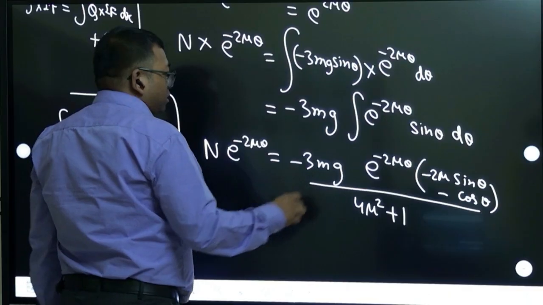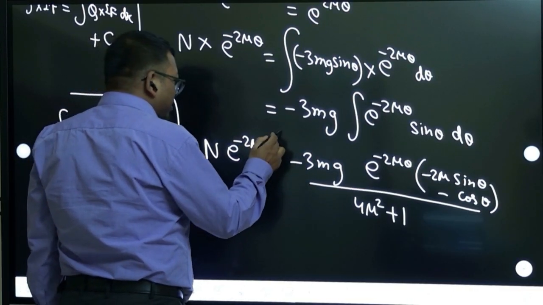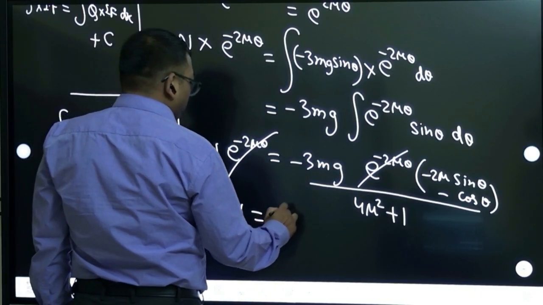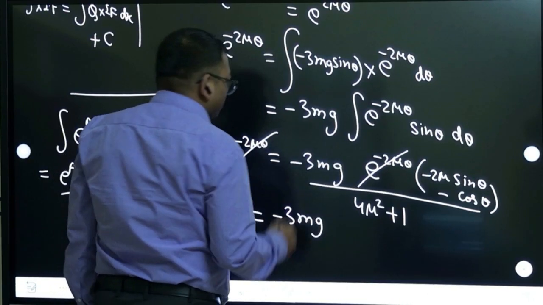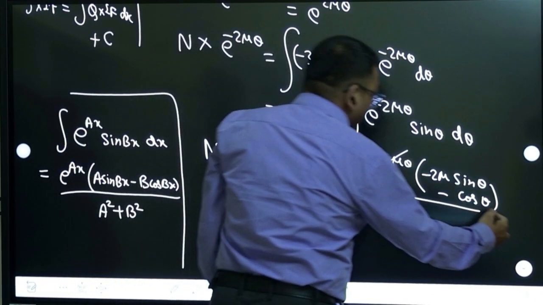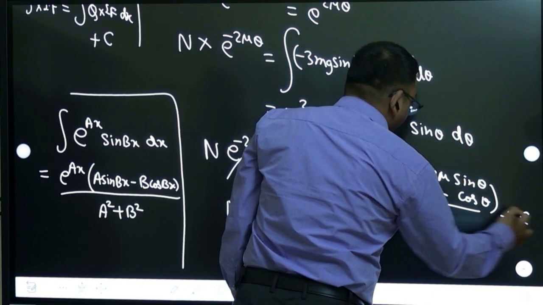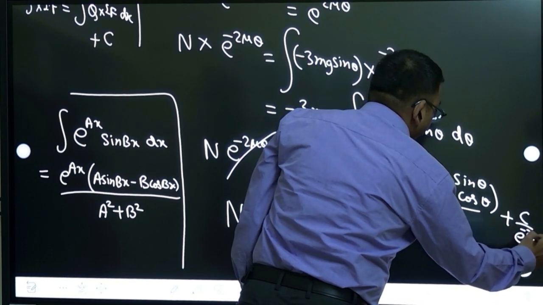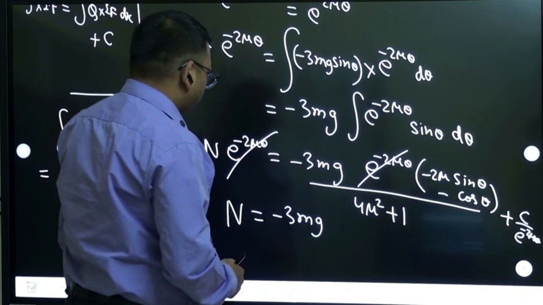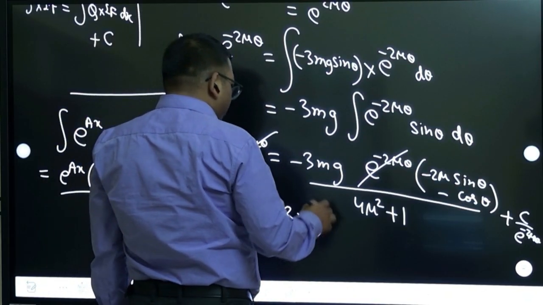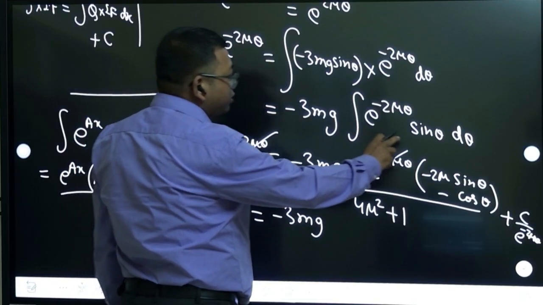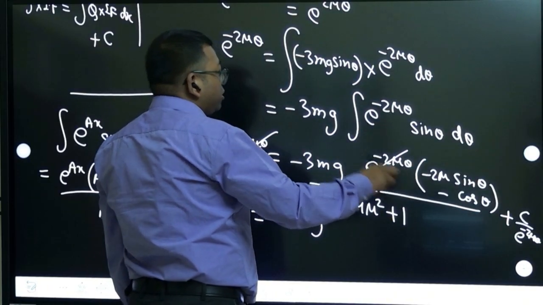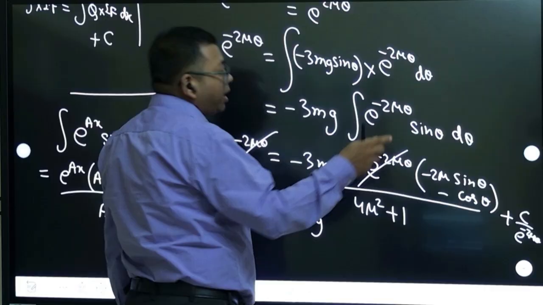Now you can divide it, so this will get cancelled out. So you will get N is equal to minus 3 mg. You may write a constant also, and you have to divide by e to the power minus 2 mu theta. Because the integration is over, you cannot add the constant afterwards.